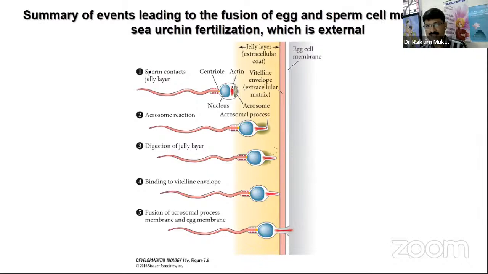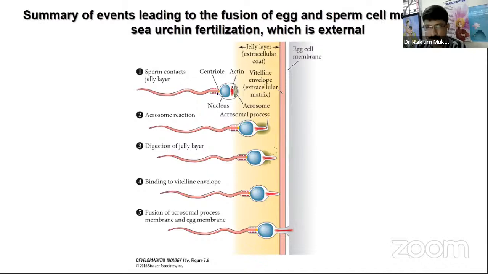in the very first step in fertilization, in case of a sea urchin, the sperm contacts the jelly layer of the egg. I know it's slightly difficult at this moment to understand because many of you might not be aware of the structure of the egg. The sperm has a nucleus. The sperm neck has the mitochondria, which powers the sperm or provides energy.